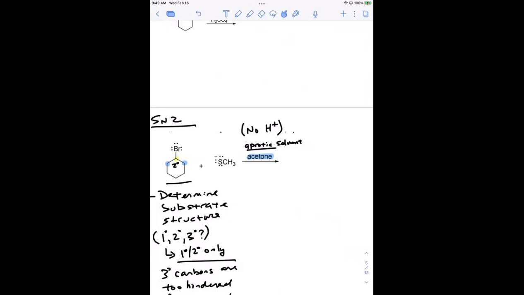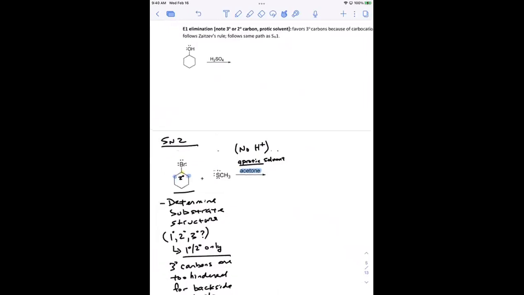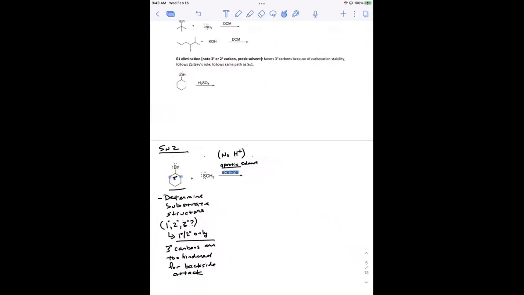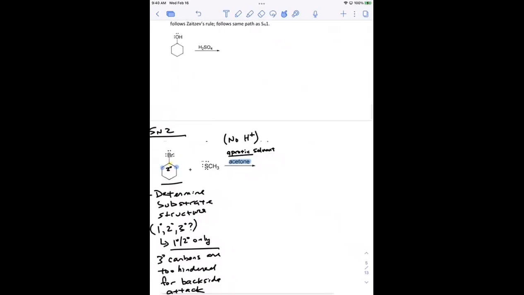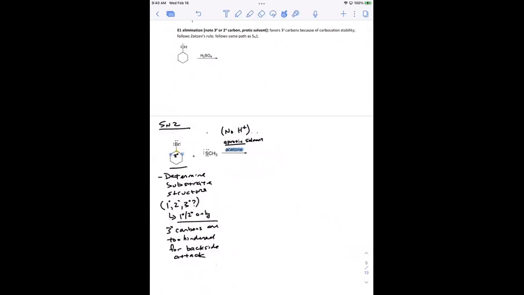But if you think about protic and aprotic, all aprotic means is that you can't give up H plus. Why do you think that's important here? What do you have in this reaction that can do proton transfer?